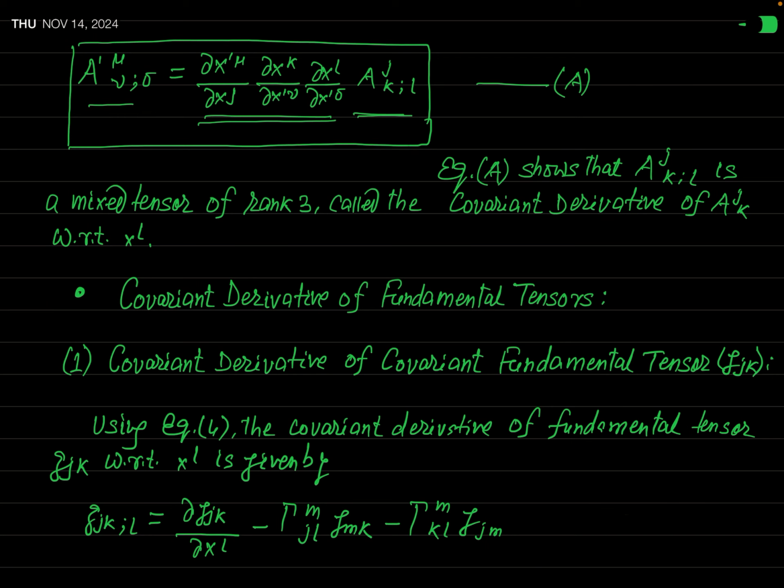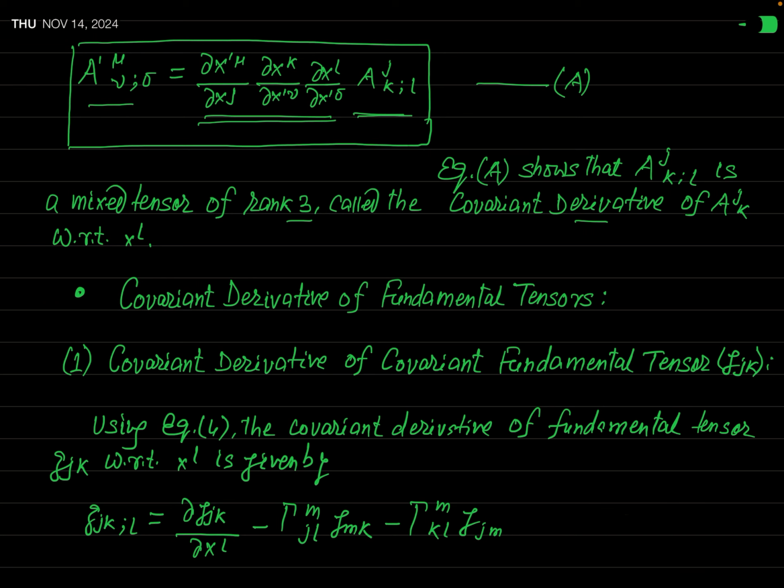So I have written here that this AJK;L is a mixed tensor of rank 3, and this is called the covariant derivative of AJK with respect to L. Now you can see this equation is our final result for the covariant differentiation of a general tensor AJK.